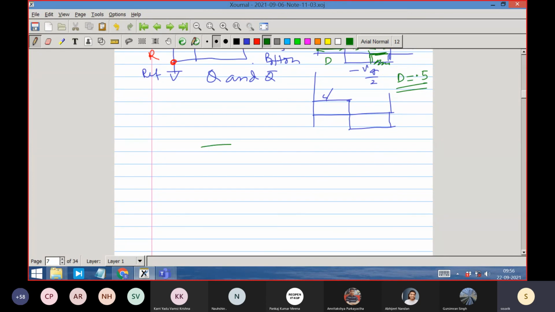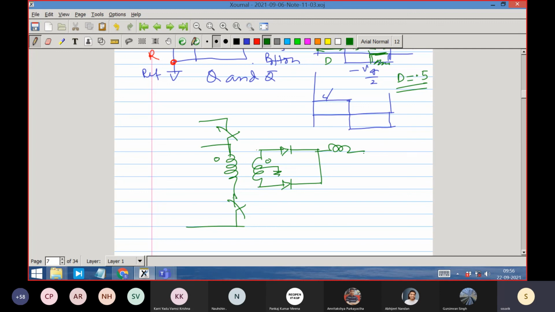This is the primary switch. I am quickly drawing the equivalent circuit. This is the on switch. The secondary side is this one, and this is a half-wave rectifier diode combination.